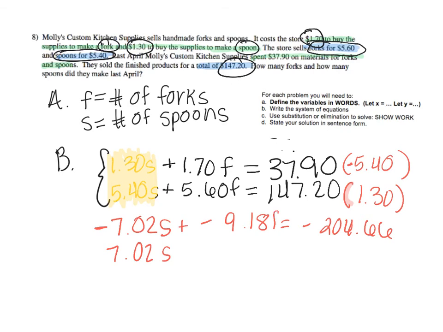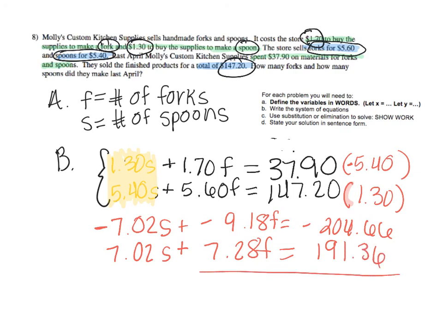I forgot my F up here. Plus 7.28F because I multiplied 130 times 560, and that is equal to 147.2 times 1.3, which gives me 191.36. Now I will add here. These will cancel.